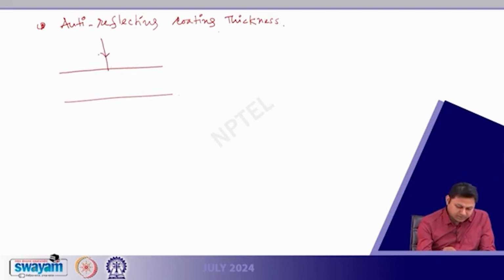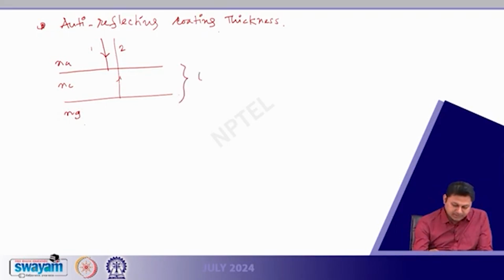So, this is ray 1 and this is ray 2. These two are interfering. This is air, this is coating, and this is glass. And this is the thickness I want to find. And what is the condition? The condition is that ray 1 and ray 2 should interfere destructively. Then only we can say this is an anti-reflecting coating.